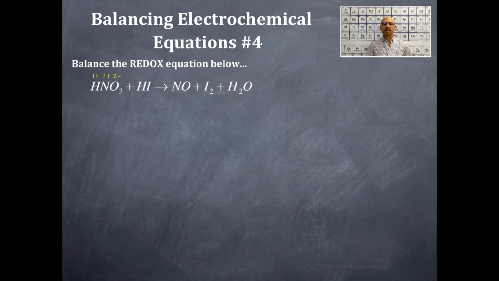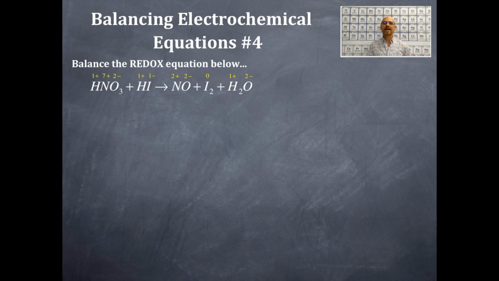The hydrogen is a +1, therefore the iodide is a -1. Oxygen is a -2, therefore the nitrogen in nitrogen monoxide is a +2. Iodine is an element in its standard state, and therefore it is 0. Hydrogen is a +1, and oxide is a -2. So I have now labeled all the elements in this equation.